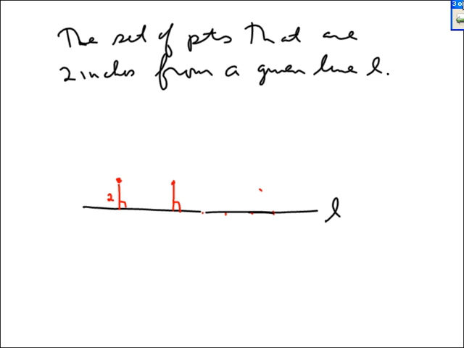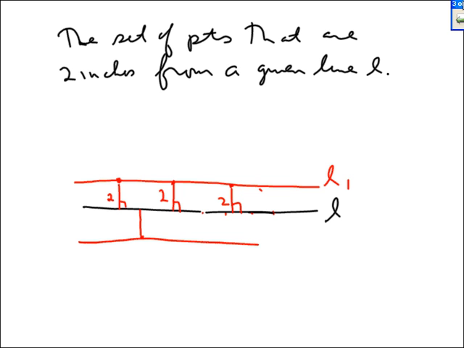So this distance is 2, and this distance is 2. In fact, all the points on line L1 are 2 inches away from line L. But there's no reason why you can't include this line as well.